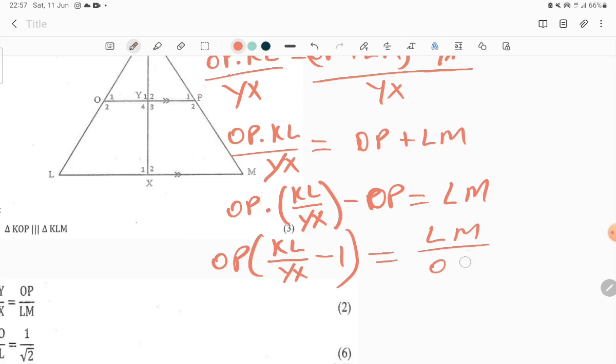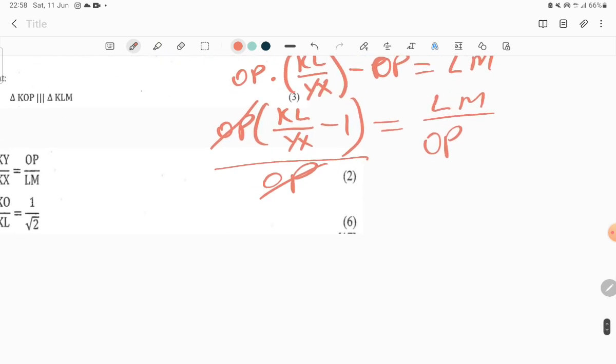But at the end of the day, we can just divide by OP on both sides so that this cancels this one. Then we have KL over YX minus 1, which is equal to LM over OP. Good.